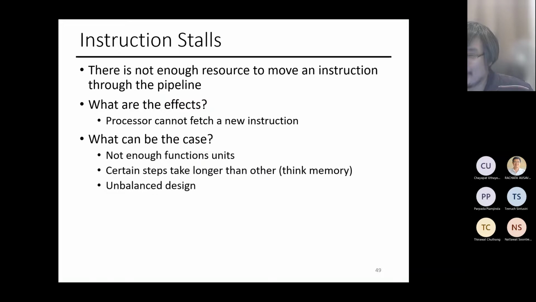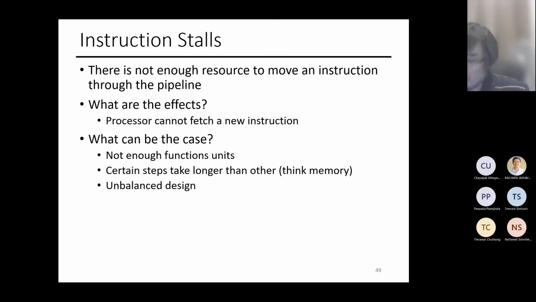Sometimes you don't have enough functional units. Let's say you want to fetch 3 instructions at the same time, which you can do, and they all want to use the adder. When you only have 2 adders, then you don't have enough adders for all the 3 fetch instructions, right?